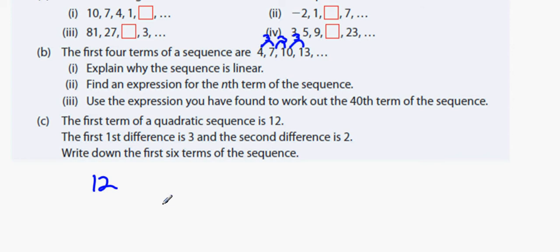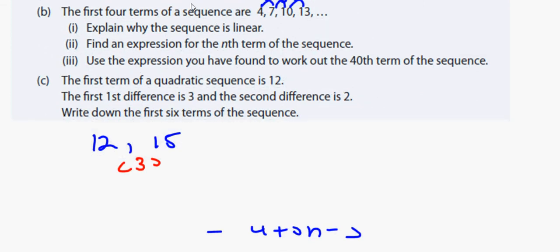So what I imagine this means is the first difference means it goes up 12 to 15. Okay, so the first difference is 3. And what I want is that the second difference be 2. Okay, so that means that the second difference is 2.